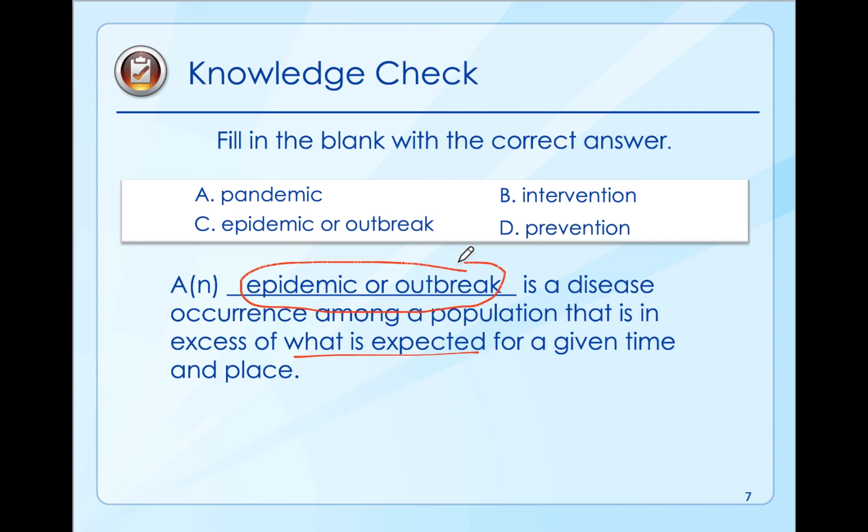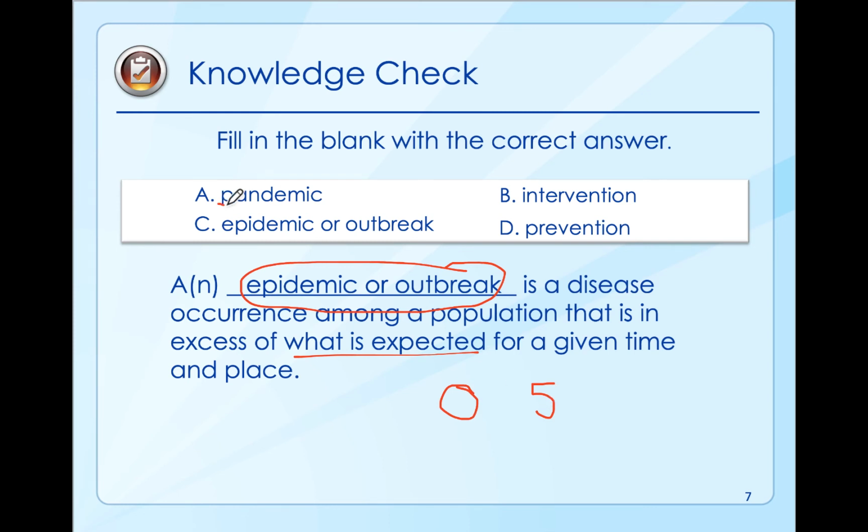Basically, an epidemic is anything above what is typically seen in a community for a disease. So, for example, if a community typically has 0 cases of a disease, and then all of a sudden has 5 cases of disease, that would be called an epidemic. Okay?